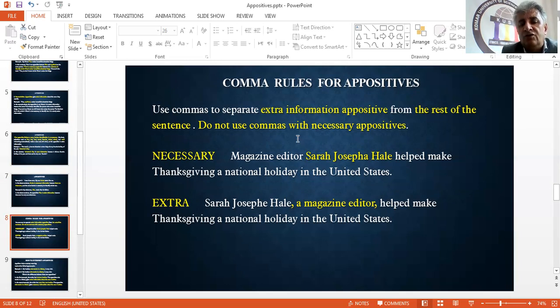If there is no name here, we do not know which magazine editor the writer means. But when the name is at the beginning, we already know which magazine editor or which person the writer means. So a magazine editor in the second sentence is extra because the noun gives clear meaning to the reader by itself.